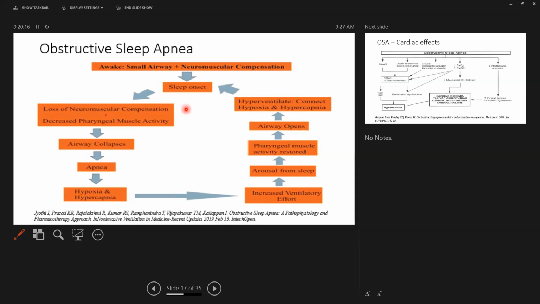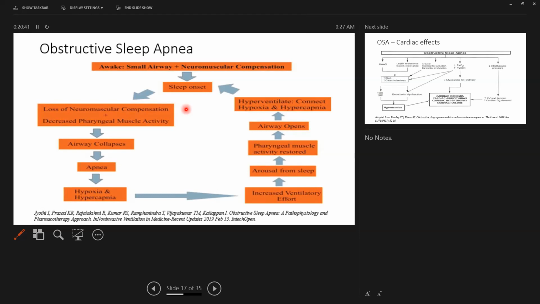This collapse of the airway leads to apnea, hypoxia, obviously hypercapnia, and then increased ventilatory effort comes. Whenever there is increased ventilatory effort, arousal occurs. Microarousals or macroarousals occur, and then the person wakes up. Pharyngeal muscle activity is restored, tone catches up again, and the person feels much more relaxed. The hypoxia and hypercapnia are restored.